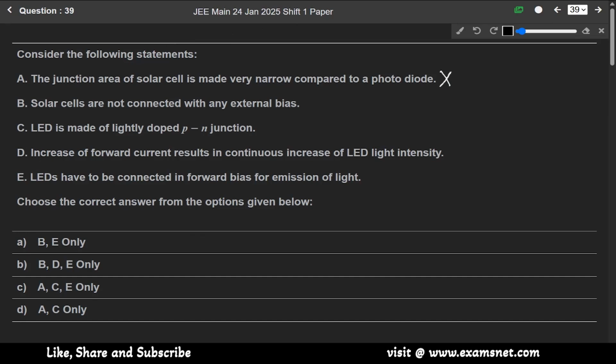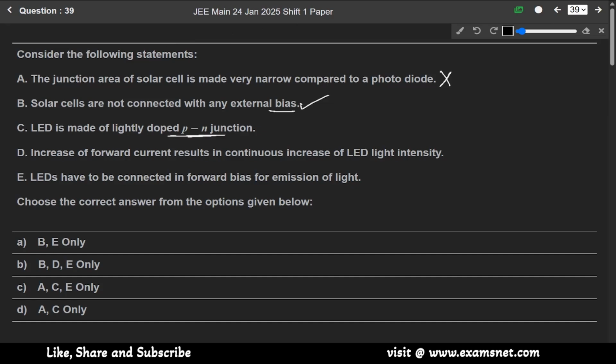And B is given as solar cells are not connected with any external bias. This is correct. And LED is made of lightly doped PN junction.